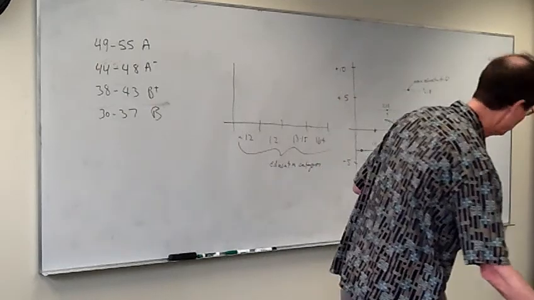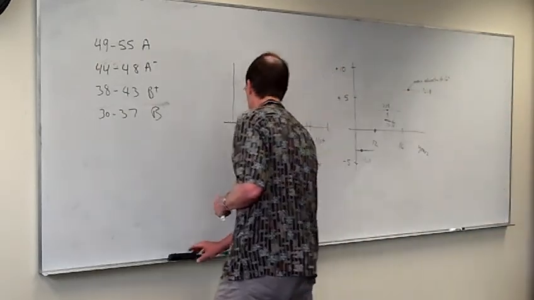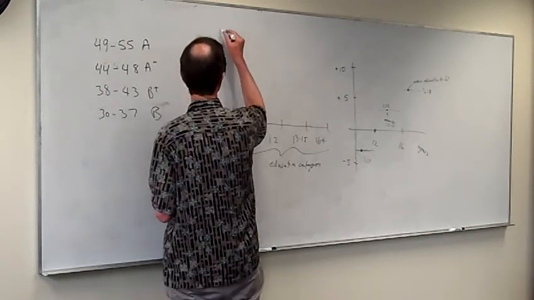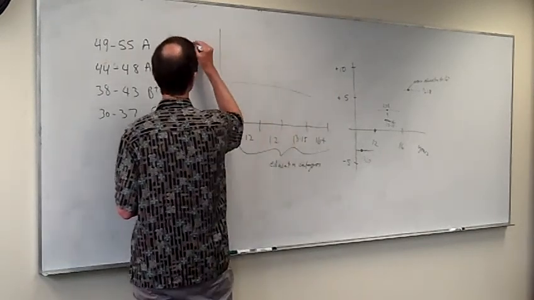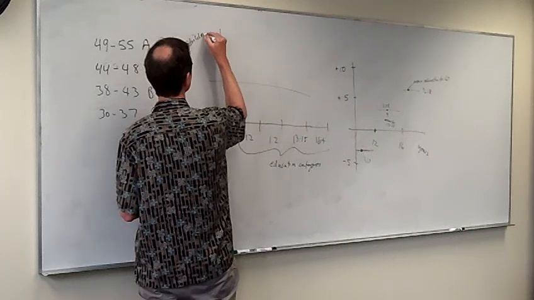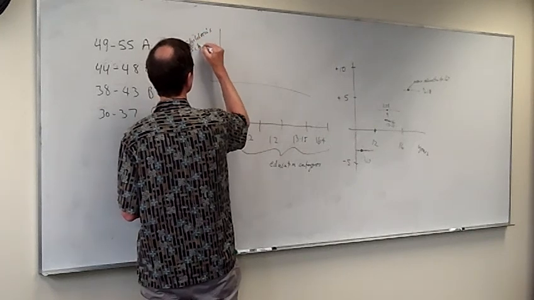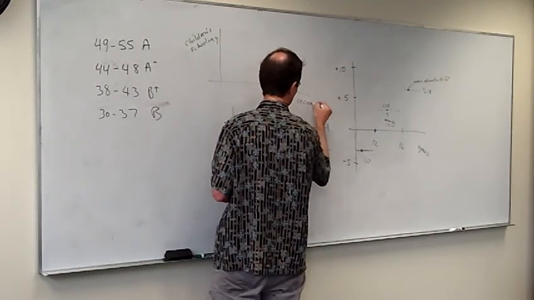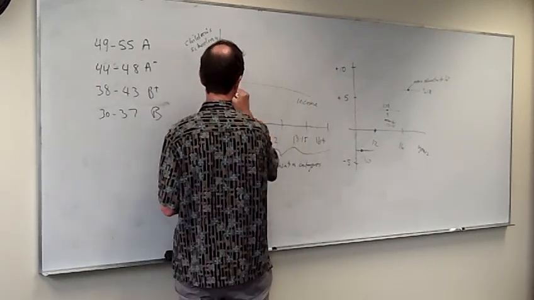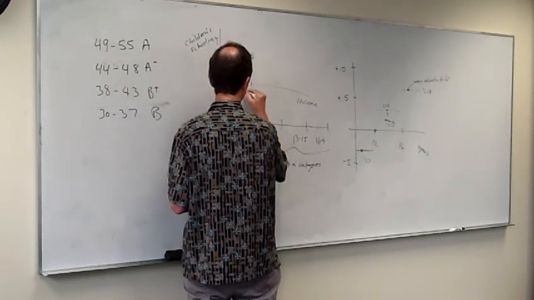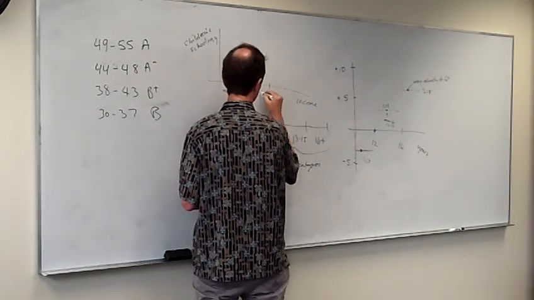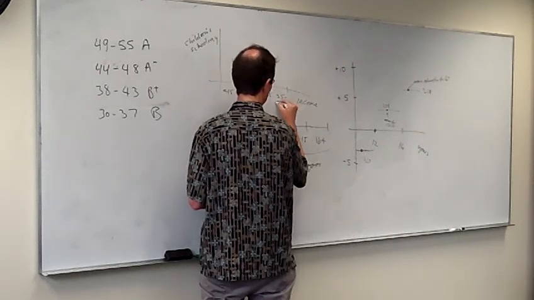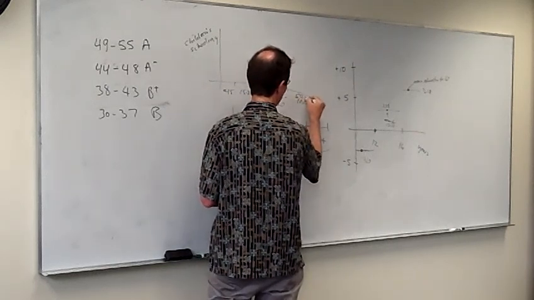The very first day of class, we had this example with children's schooling and income, right? And there was less than 15, 15 to 25, 25 to 35, 35 to 50, and then 50 plus, in thousands of dollars.